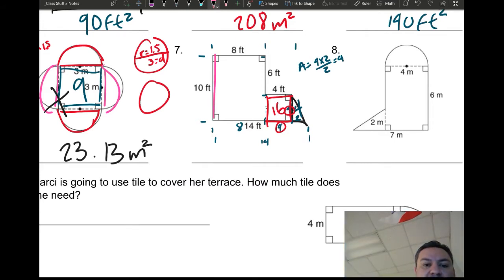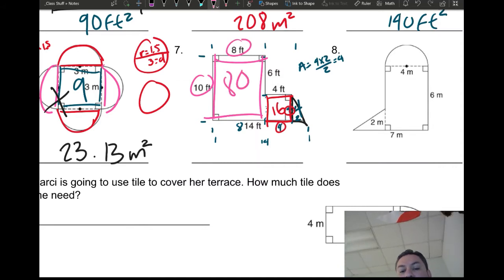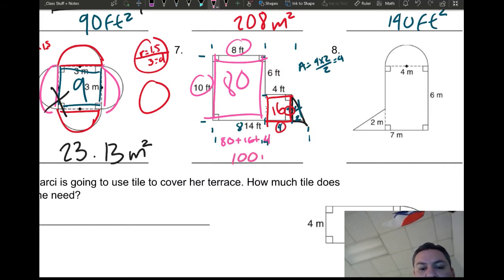And then we have a rectangle right here, which is 10 by 8, which is 80. All you have to do now is add everything together. 80 plus 16 plus 4 is going to be 100 feet squared.